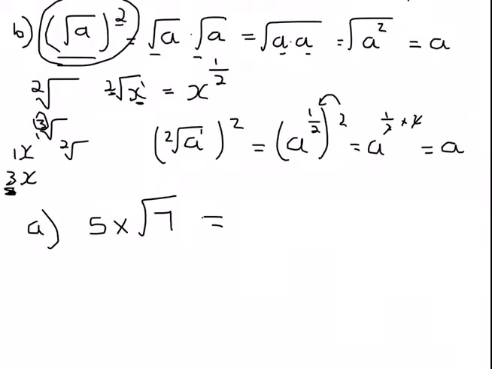This one should actually just be 5 square root of 7. Why? Because it's like you are having a term being multiplied by another term, the square root of 7, which I'm putting as b. Just be aware there is an invisible 1 there.